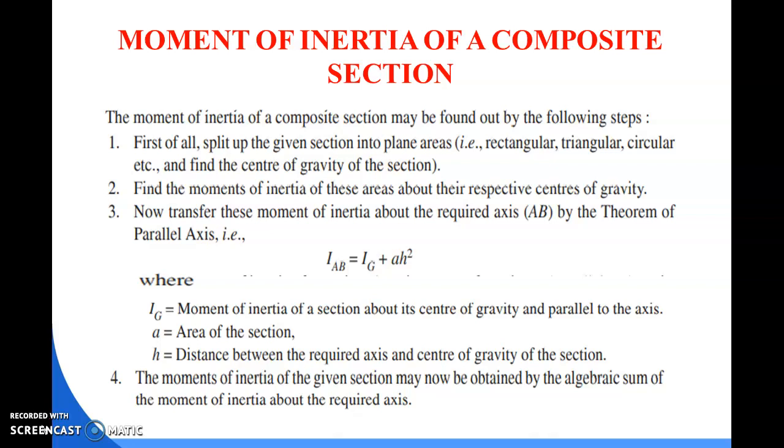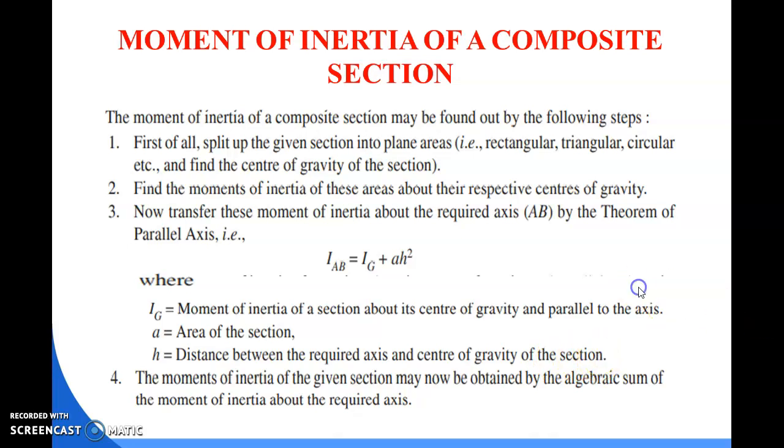So according to the theorem of parallel axis, the formula will be IAB is equal to IG plus AH square, where IG is the moment of inertia of the section about its center of gravity and parallel to the axis, small a is the area of the section, and small h is the distance between the required axis and the center of gravity of the section.